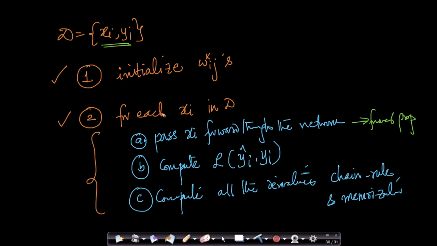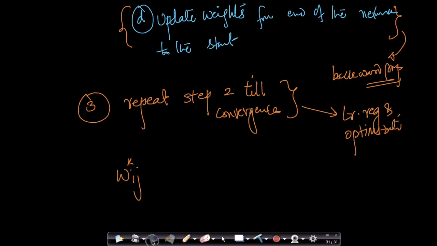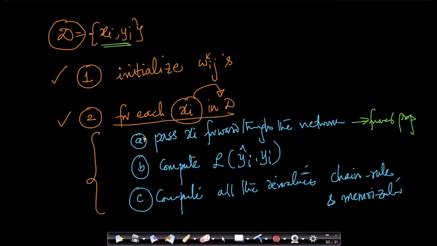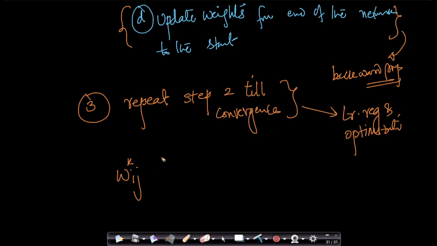At the end of this step, all of my data points have been seen once by the network, because this loop is for each xi in my data set D. Steps 2a, 2b, 2c, 2d have been run once. But at the end of running all the points in D once, I may still not have converged.